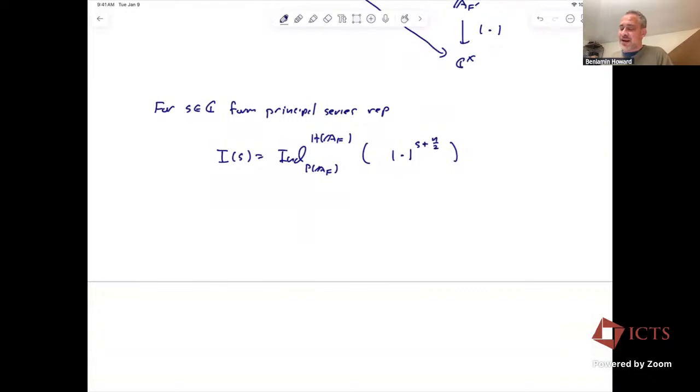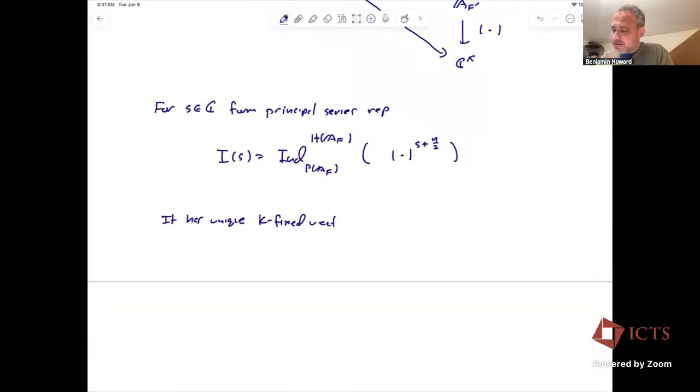This is an unramified representation of H, and so it has, up to scaling, a unique spherical vector. It has a unique K-fixed vector, where K was the maximal compact open in the adelic points of our unitary group.